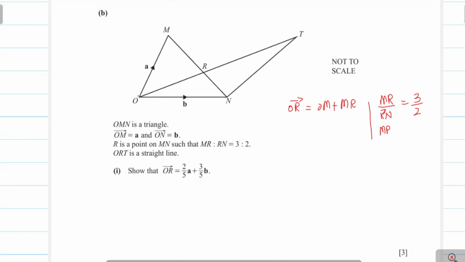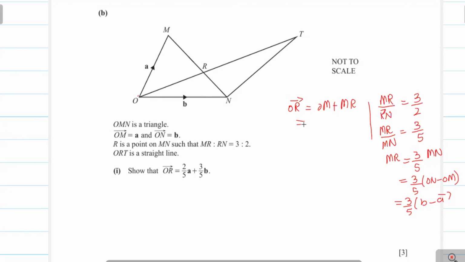Therefore, MR over MN will be equal to 3 over 5, and MR will be equal to 3 over 5 MN. MN is equal to ON minus OM, and therefore 3 over 5 MN is 3 over 5 times b minus a.